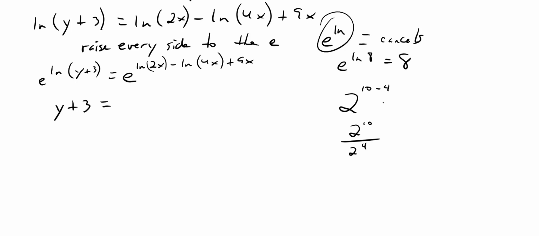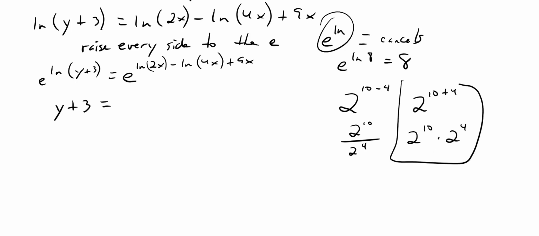And then I could say 2 to the 10 plus 4, the same thing as 2 to the 10th times 2 to the 4th, right? Because what do you do when you multiply with same bases? You add the exponents. So if I subtract, I divide. So 2 to the 10th divided by 2 to the 4th is the same thing as 2 to the 10 minus 4. Okay, so that's going to help us, because otherwise this right side is super nasty.